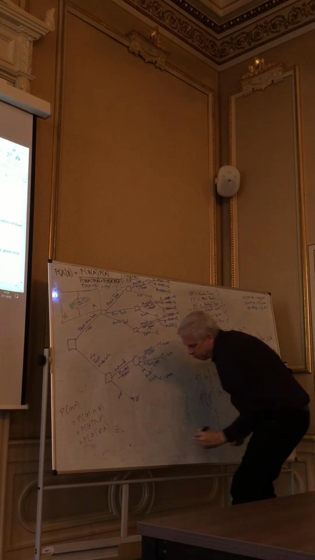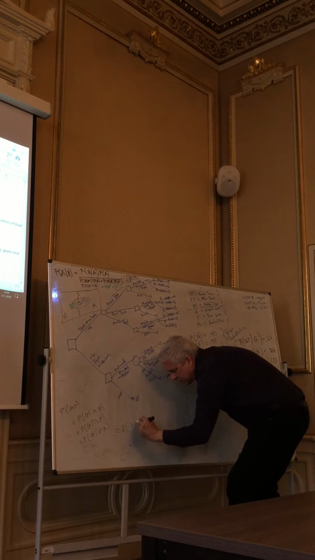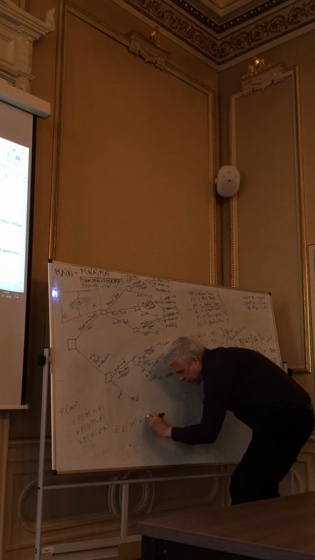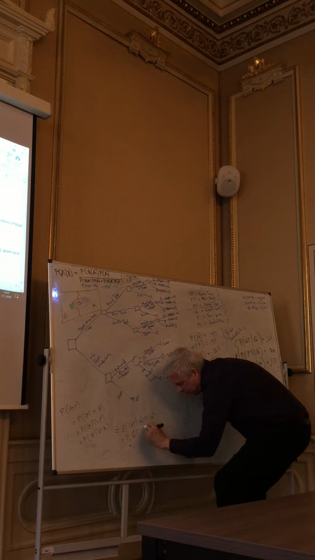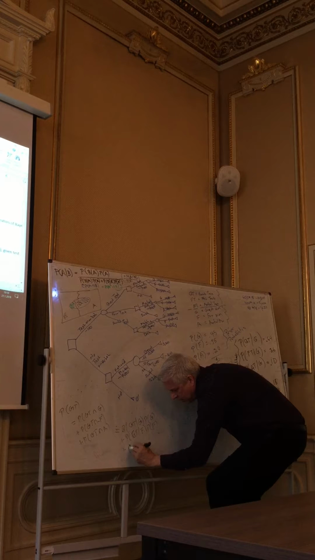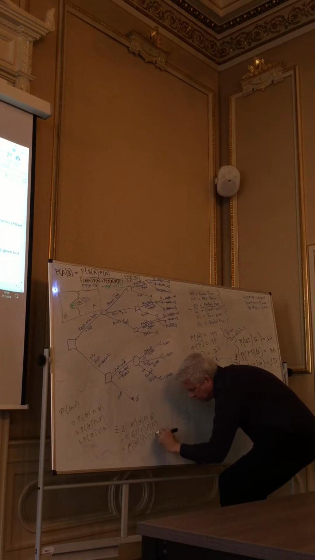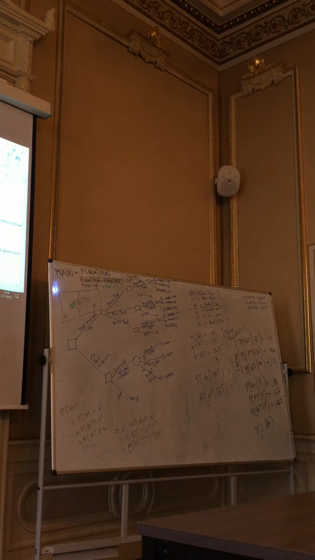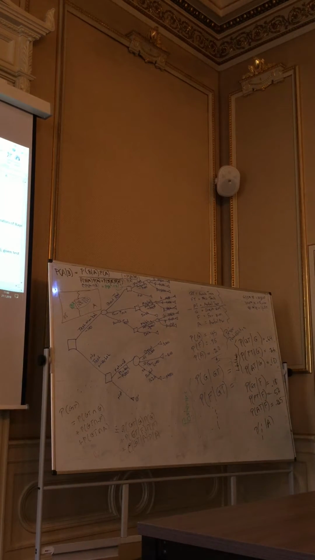And forgive me, but I'll take it one step further. P of great test given great national market times P of great national market, plus P of great test given fair national market times P of fair national market, plus P of great test given awful national market times P of awful. So it's the denominator but blown out into 3 steps.